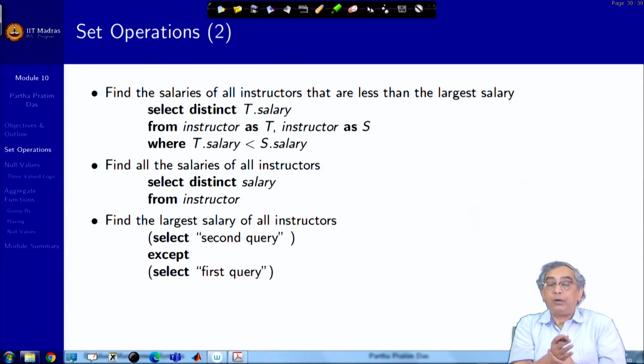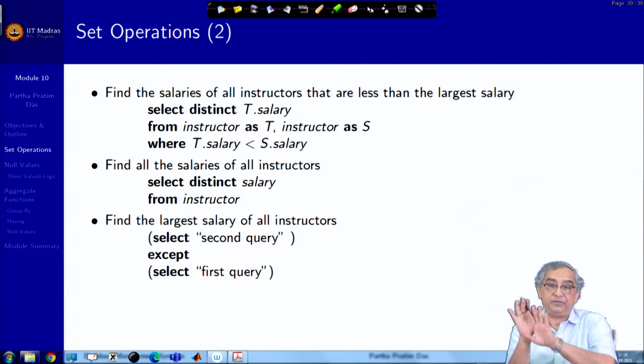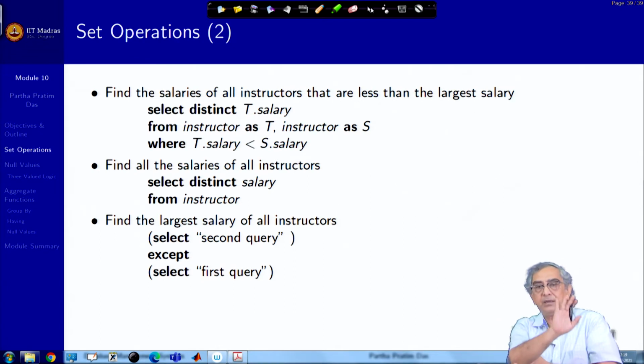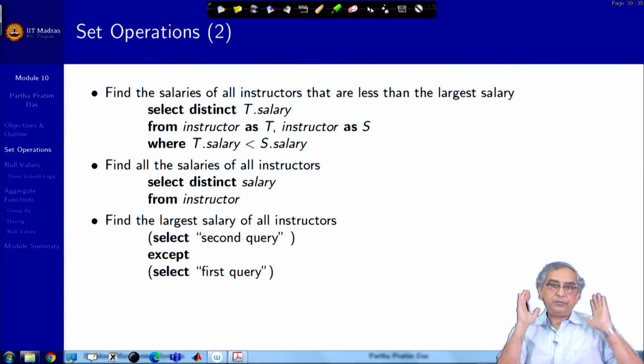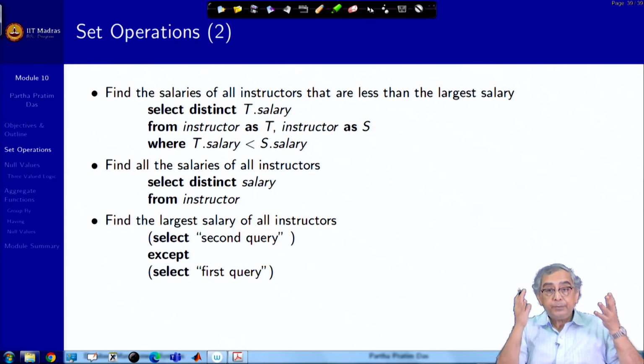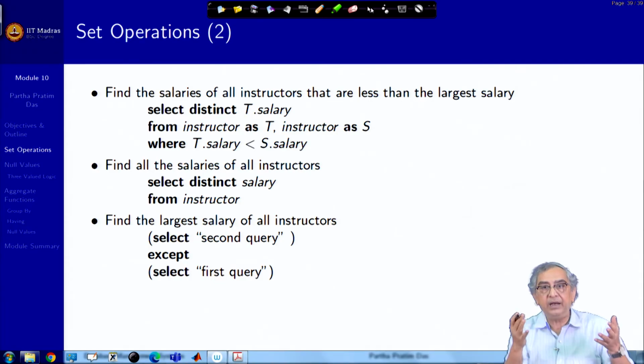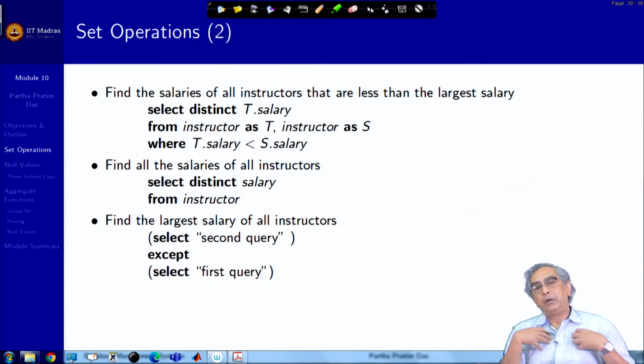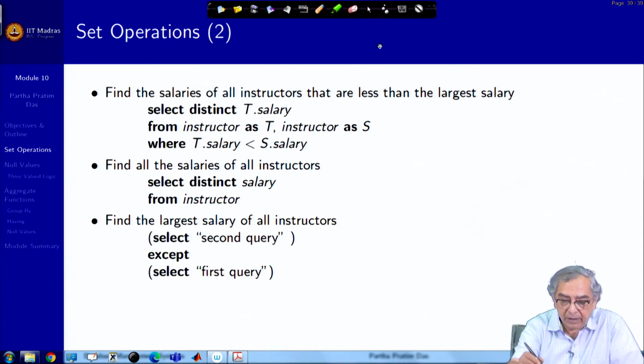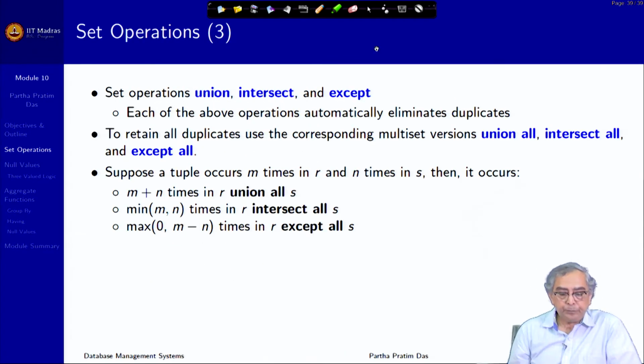Well, not always is it the most efficient, that is a different thing. We will come to the efficiency and optimization and elegance of doing things later on, but we are just trying to look at the expressiveness, how easily we can express what we want to write as a query in terms of the SQL features. So, this is one way of doing that.